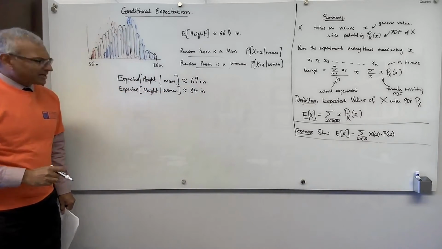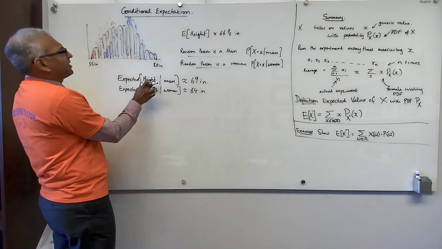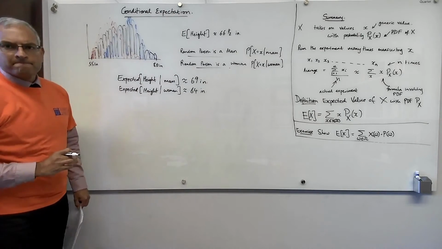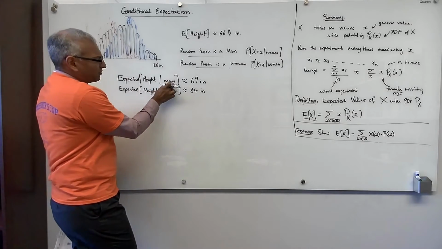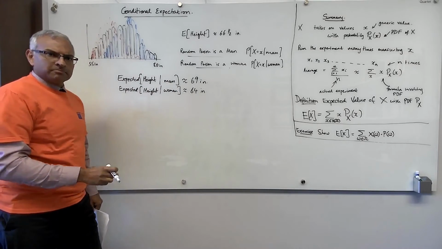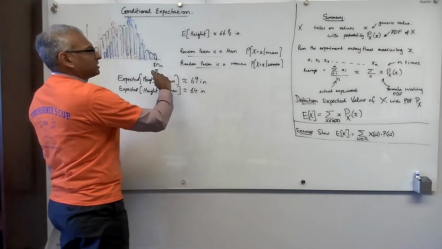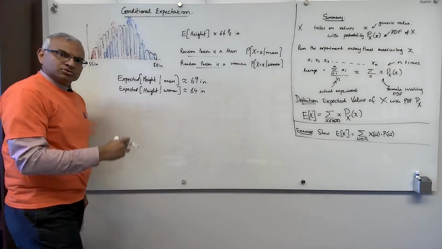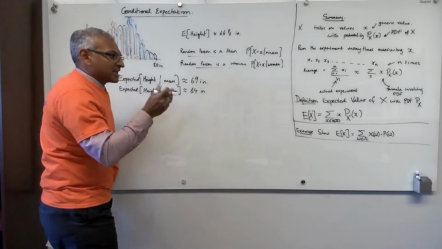And so we might ask, what's the definition of the expected height? The expected value of a random variable given some information, for example, that your outcome belongs to the set man, or your outcome belongs to the set woman. We update the PDF to take into account that information, and then we compute the expected value in exactly the same way.